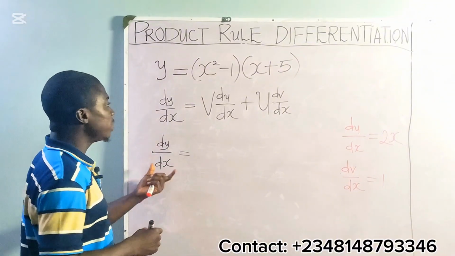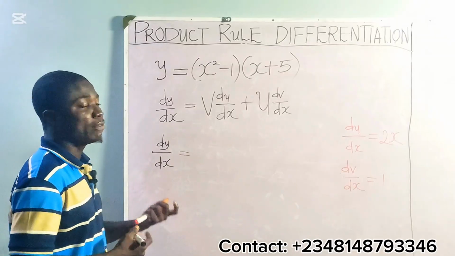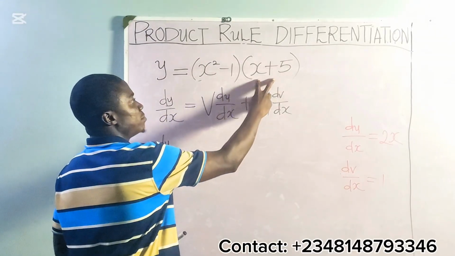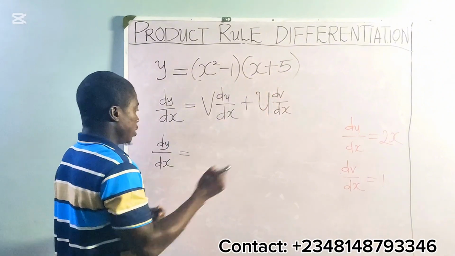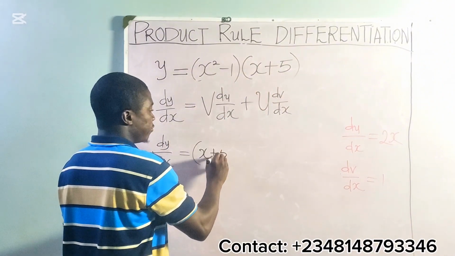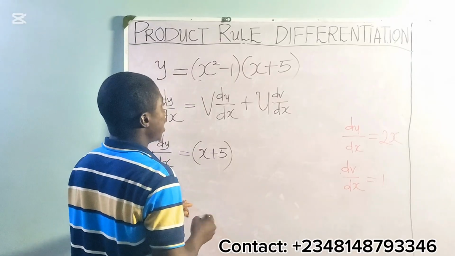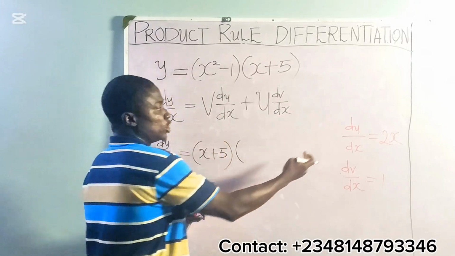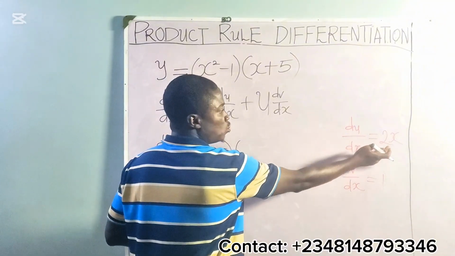All right, so dy over dx is equal to, what is our v? Remember I said your v should always be the terms in the second bracket. So v is x plus 5, and then multiplied by, what is du/dx? du/dx gave us 2x.